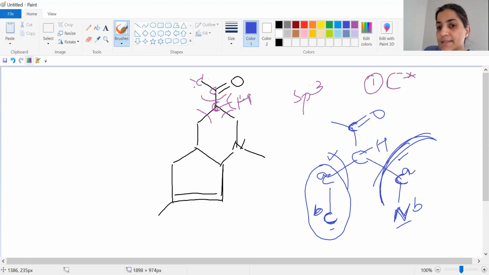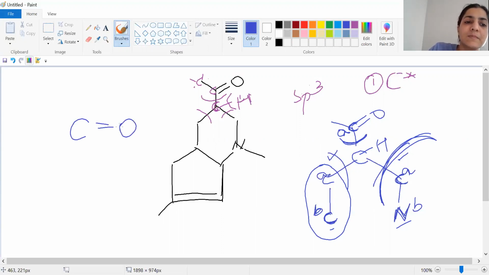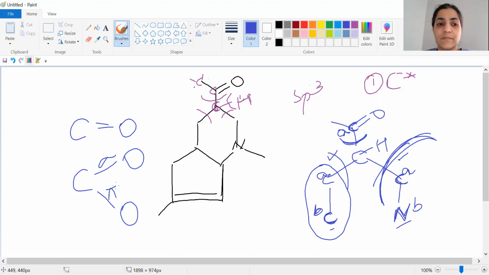However, if you look at this carbon, which is also atom A on this side of the bonds, this is sp2 hybridized. What do we mean by a double bond? It means that carbon is attached to oxygen 2 times with 2 different bonds.